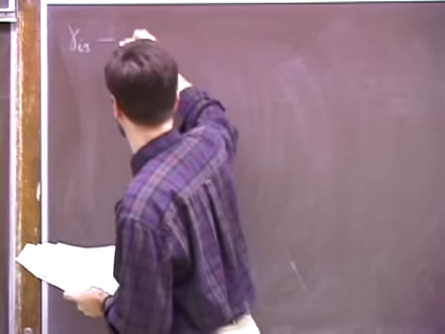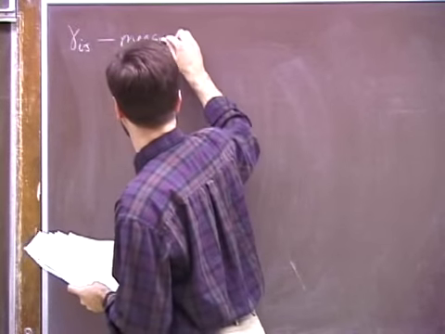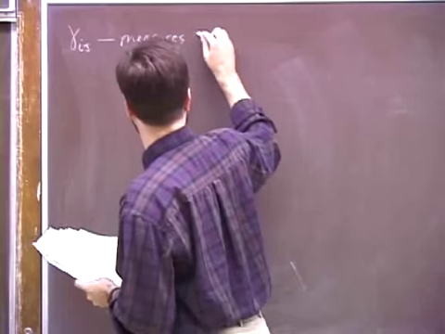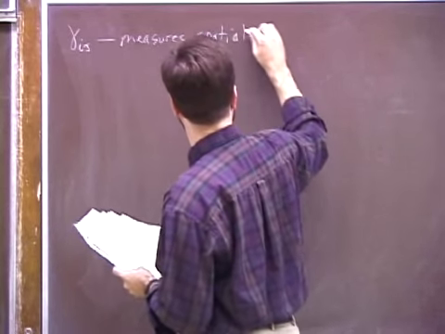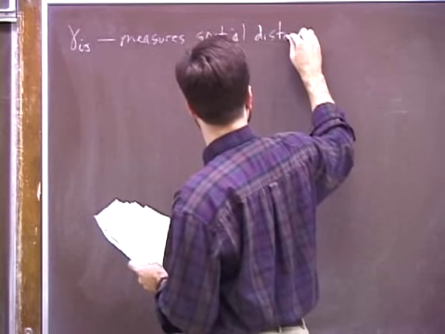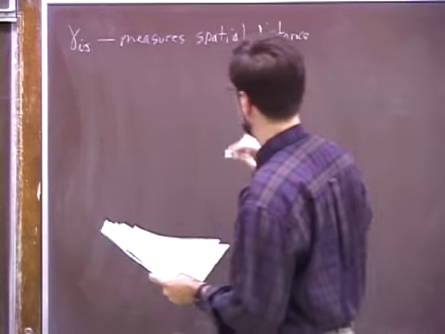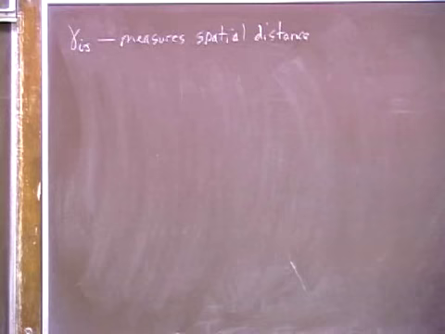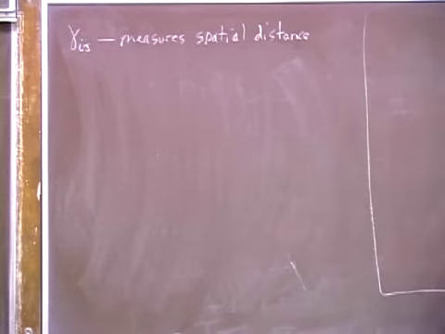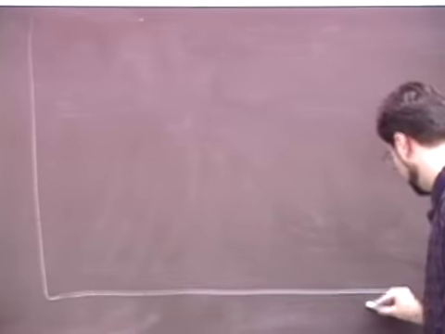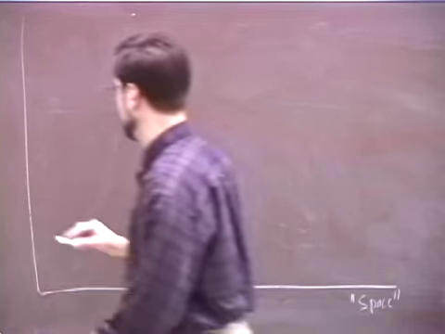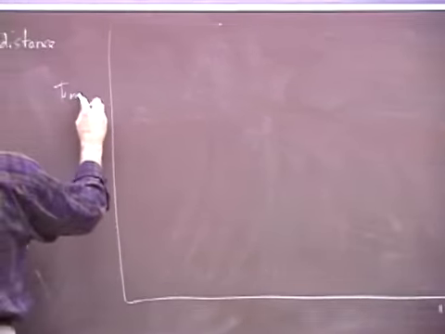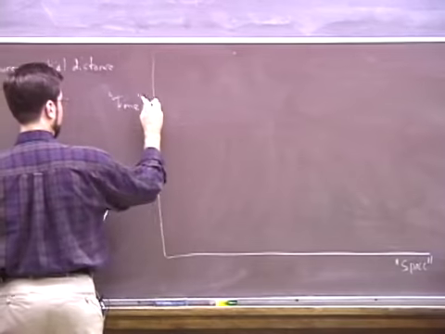3 metric measures spatial distance. So let me draw a picture. So this is space along this axis, and this is time along this axis.